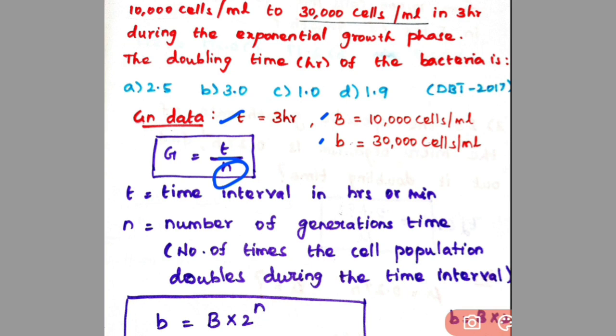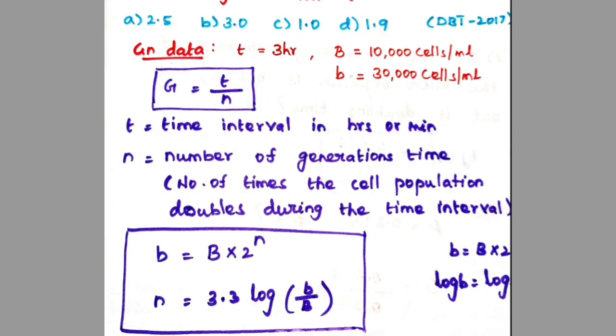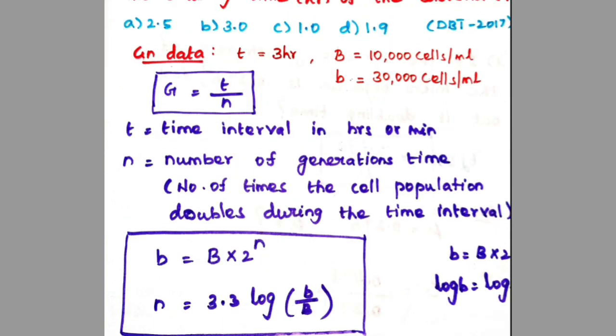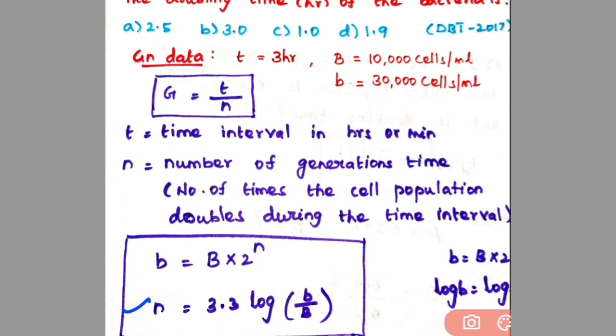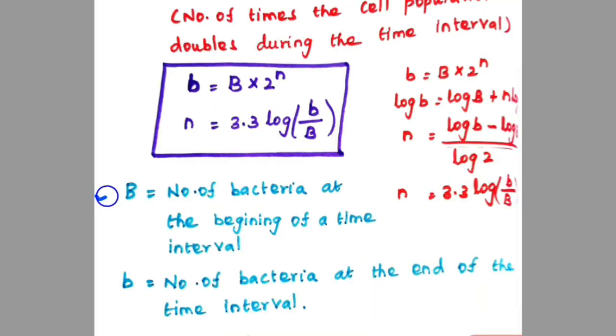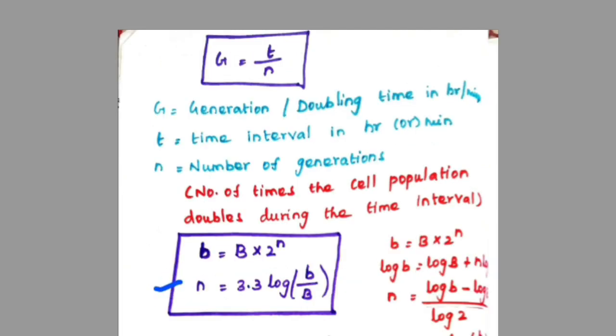They have not given the number of generations directly, so you have to calculate the number of generations first. The formula for calculating number of generations is N is equal to 3.3 into log of small b divided by capital B, where capital B is number of bacteria at the beginning of a time interval and small b is number of bacteria at the end of the time interval. If you substitute this N in this equation, you will get the doubling time.